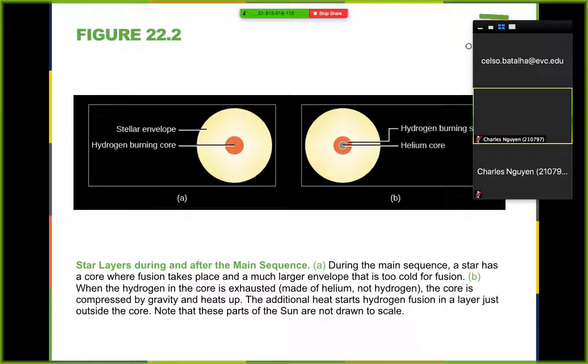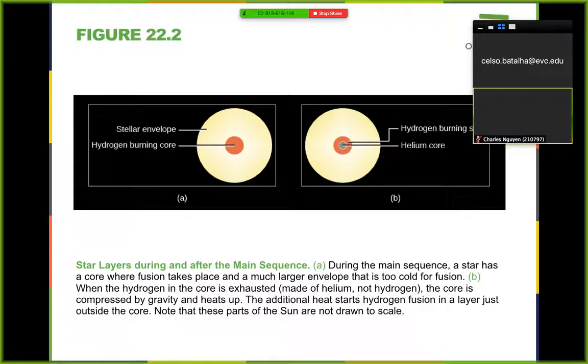The ashes of these fusion reactions, which is helium, is illustrated here with a purple or bluish coloration. In it, there are no fusion reactions because helium requires a much higher density and temperature than the star has once this hydrogen is depleted.